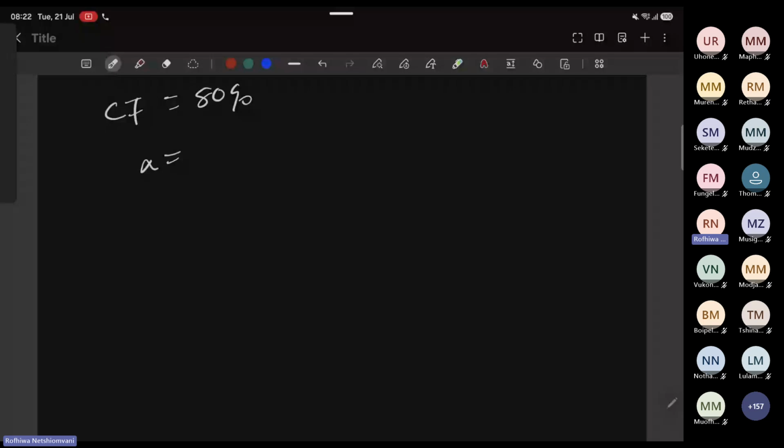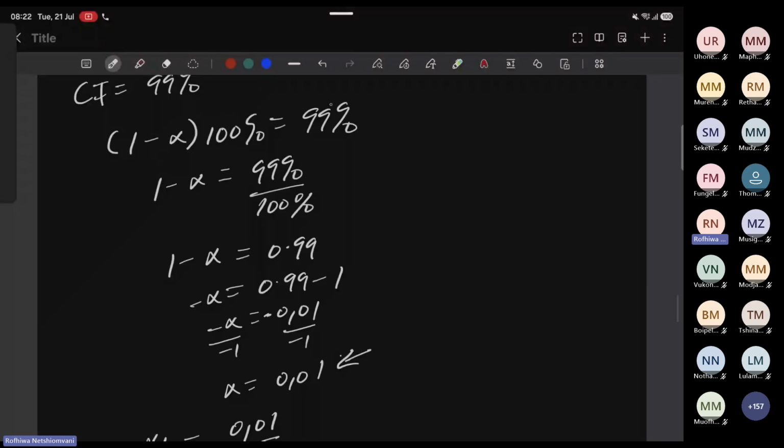You can do this one in your book. Let's replace 99 with 80%. What will be alpha? Not alpha divided by 2 first, what will be alpha? Anyone can speak?